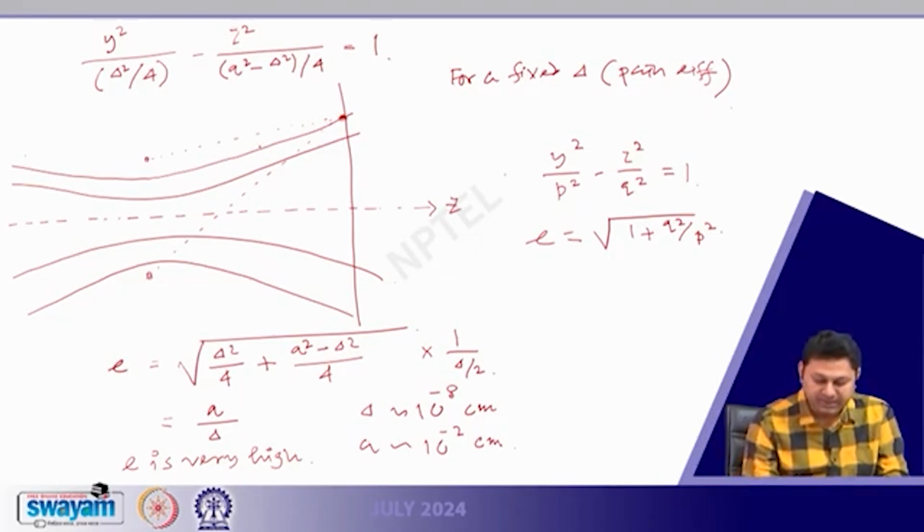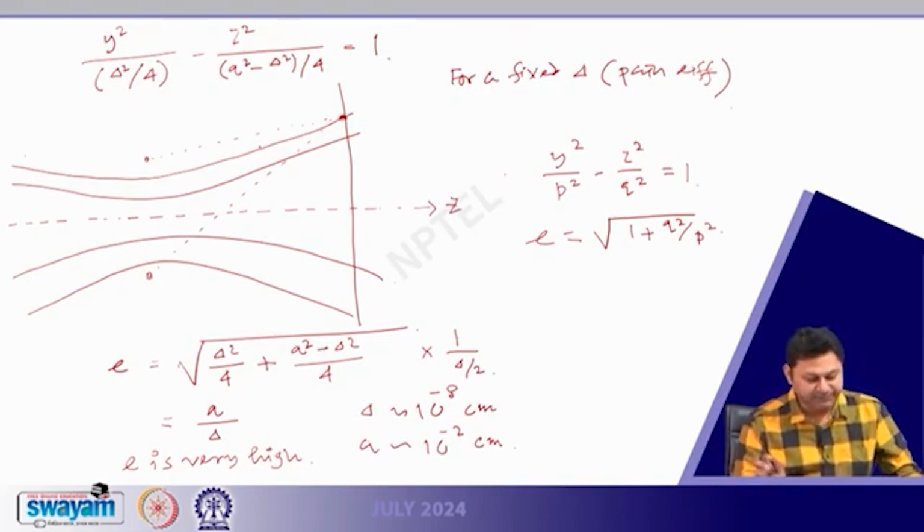So, we are going to get an expression of hyperbola for the shape of these fringes. That is the way one can calculate, by simply using whatever geometry they have.